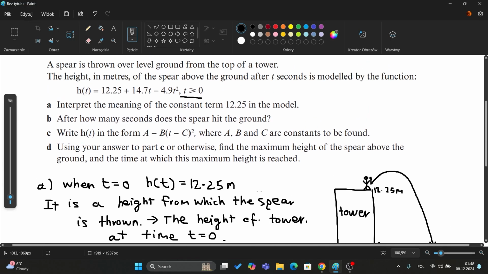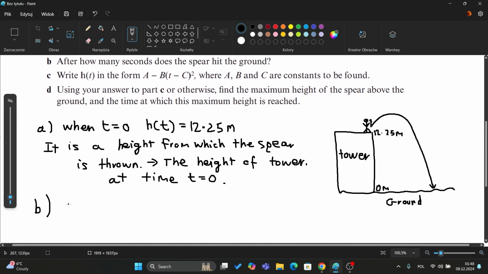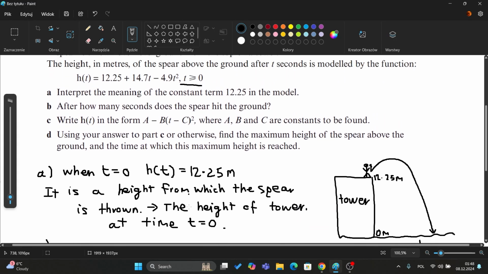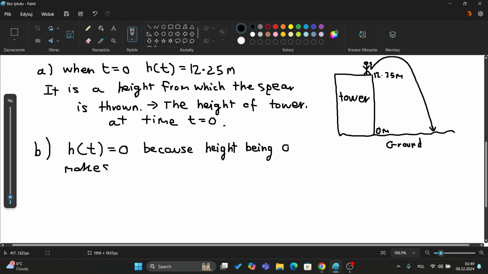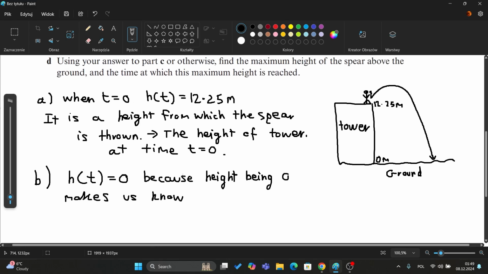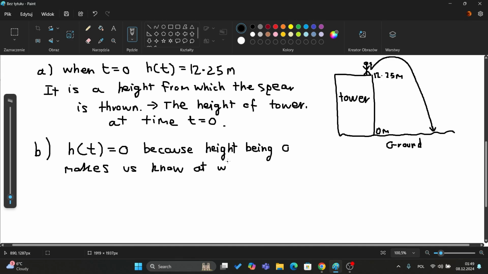So if we make h(t) equal to 0, because height being 0 makes us know at what time we hit the ground.